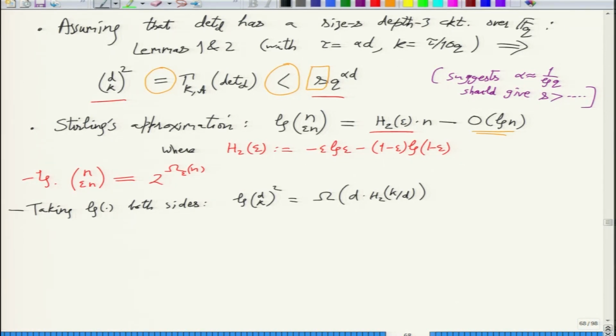Yeah, you are saying LHS is log of this, right? d choose k.